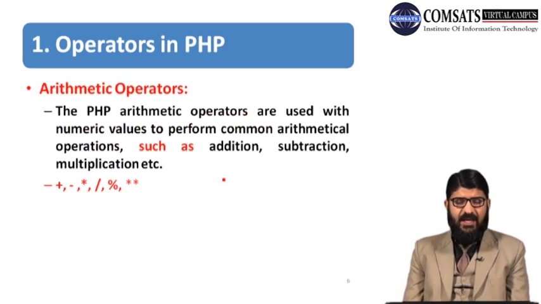The first one is arithmetic operators. The PHP arithmetic operators are used with numeric values to perform common arithmetical operations. For numeric values, 0 to 9 are the basic numeric digits, and if you want to perform any operation on a numeric data type variable, you have to use arithmetic operators.